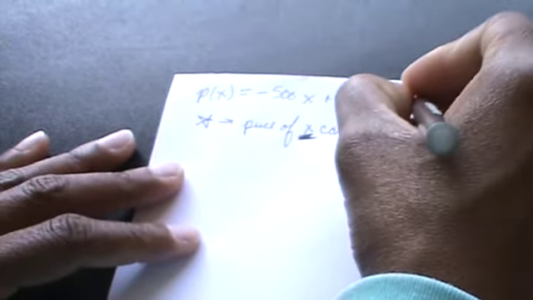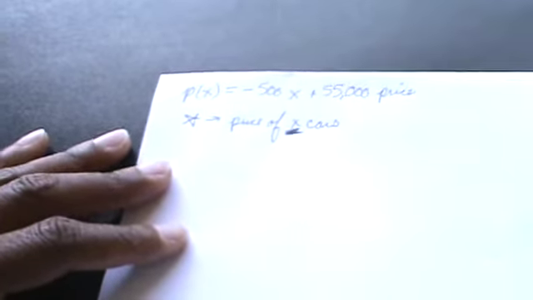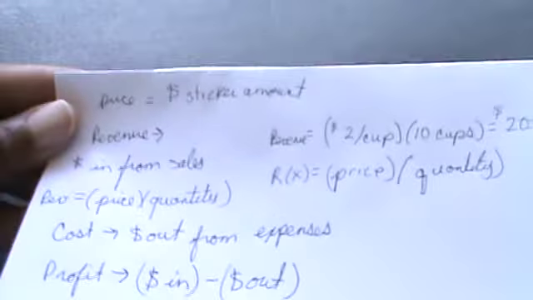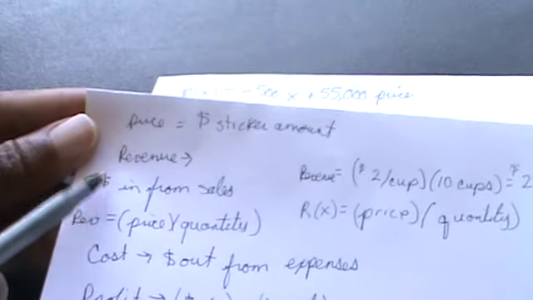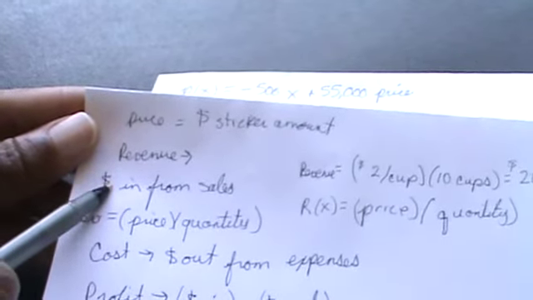All right, so I'm not sure that what we have here is sales, because this was the price formula. Okay, so if that's the case, we need to look at our list and say, what represents sales? And there it is. It's your revenue equation. The money that's coming in from sales is your revenue.